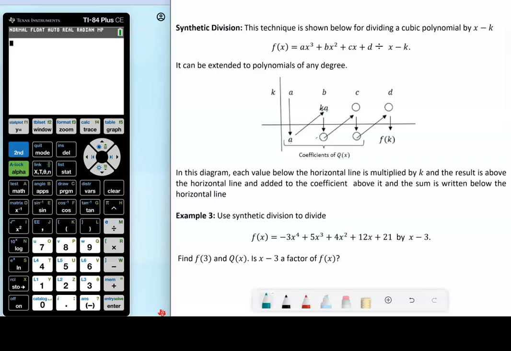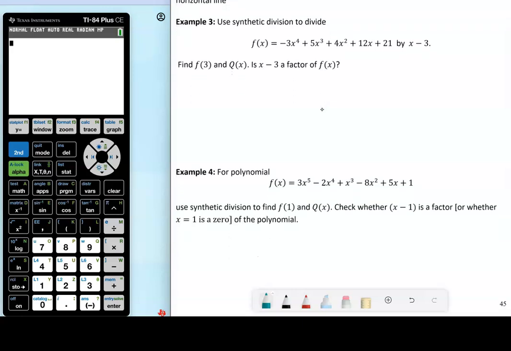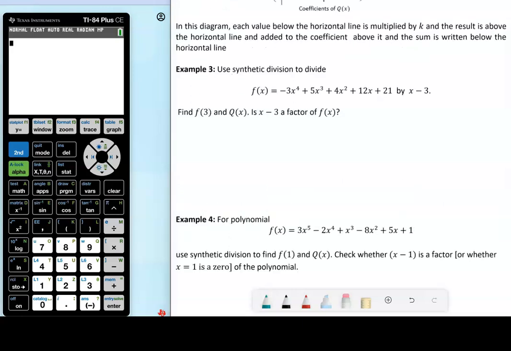So we can use it then with this new polynomial that we created and keep factoring. Or we can also use it to test and see if a certain number is in fact a zero of a polynomial. Let's take a look at example 3 and see how we can do that. So, we have a factor x minus 3.